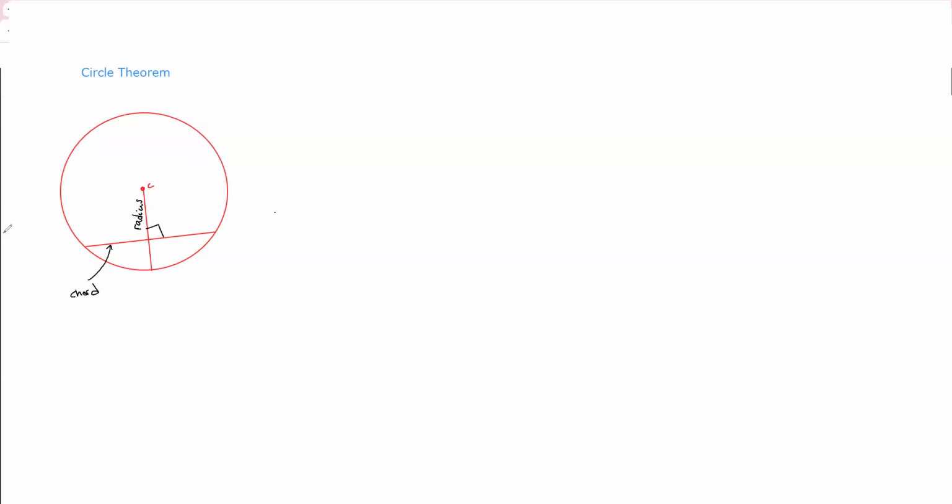All right, so this will be our Theorem number 5. Right, so I'll write it and then explain it.